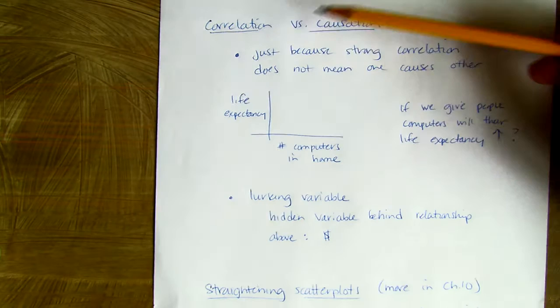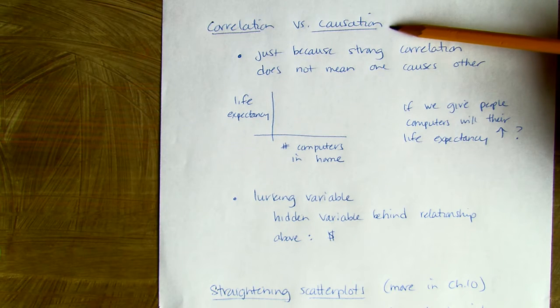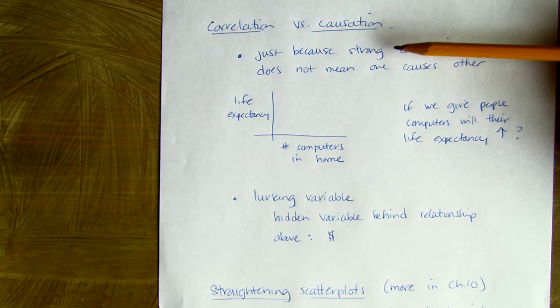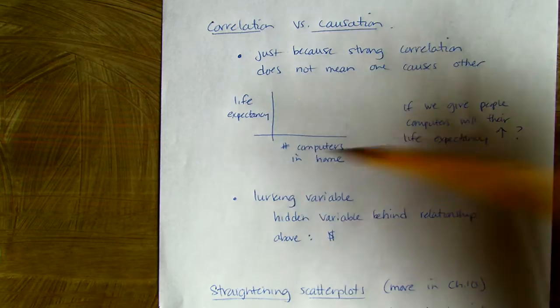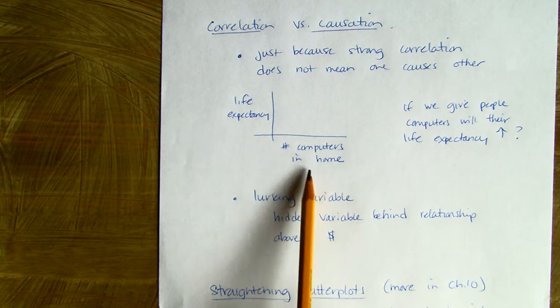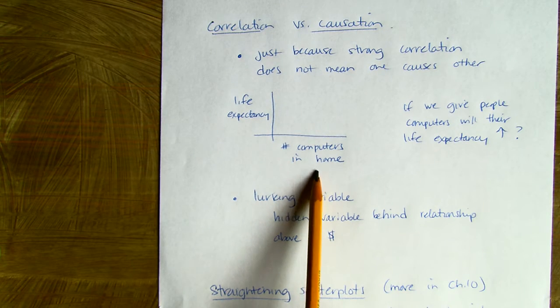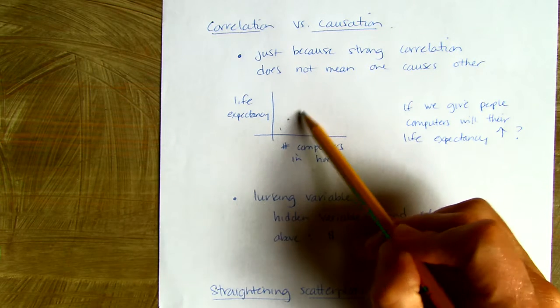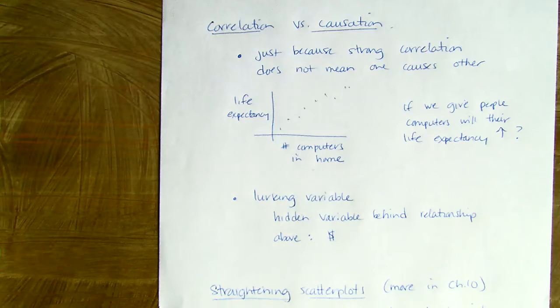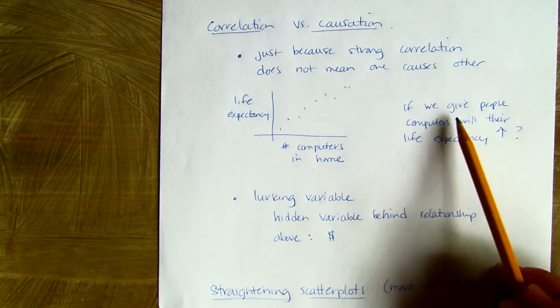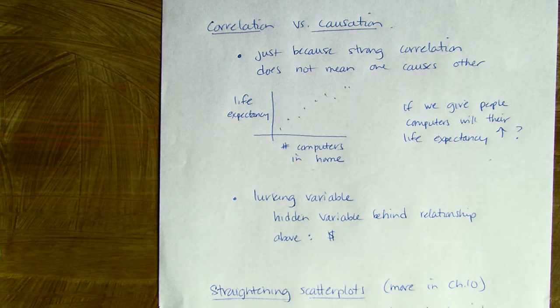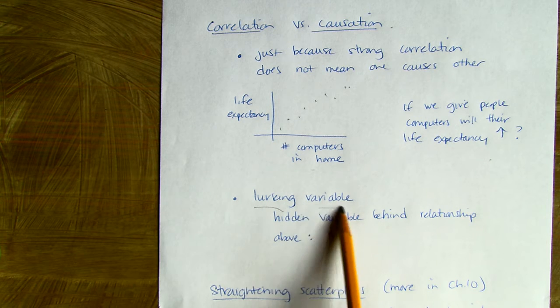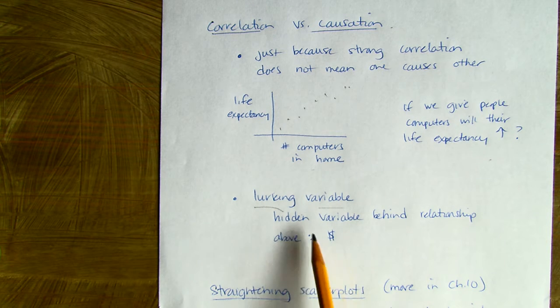Also, you have to think about, just because you have a high correlation does not mean that you've got causation. So strong correlation does not mean that one causes the other. We might graph life expectancy to the number of computers in the home and find that there's a pretty strong R value. But does that mean if we give people computers that their life expectancy will increase? No, not likely. There's probably something called a lurking variable there, a hidden variable behind that relationship.